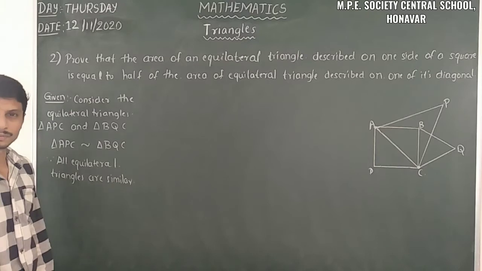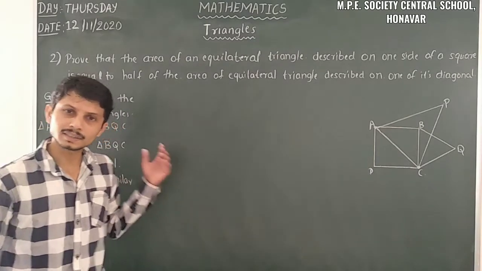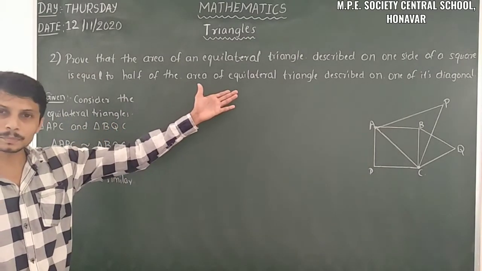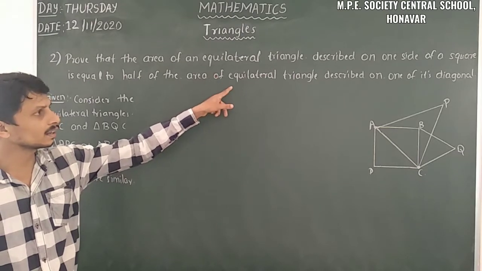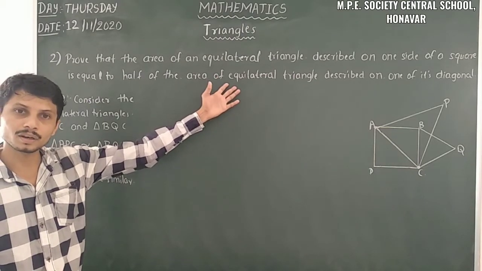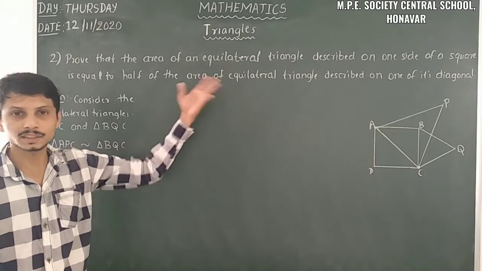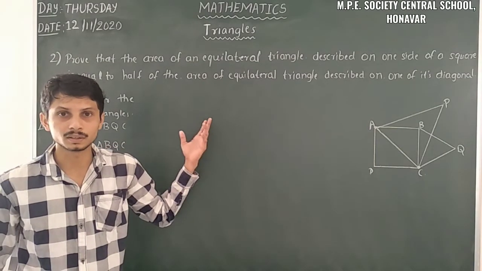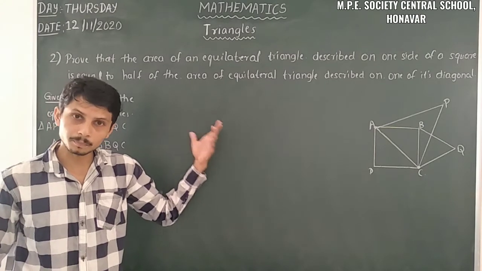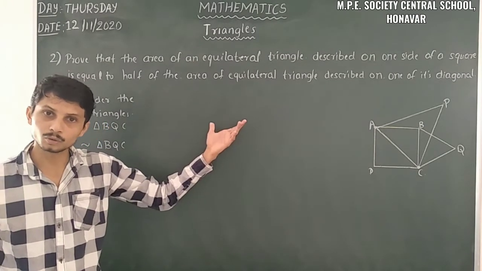So it's a known thing, and we can take it as given because it is clearly mentioned that they are equilateral triangles. So that means it's a given. Otherwise there are no other terms. It is given, and now what we have to prove.